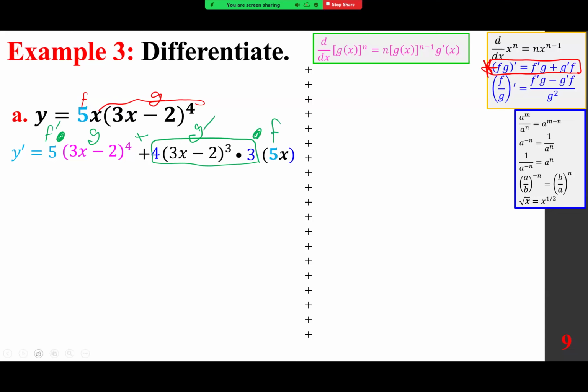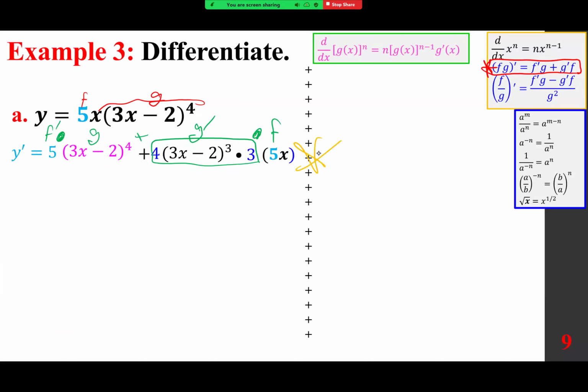So I hope you see that. This is f prime. This is g. That's easy to see. This whole thing is g prime. And of course, the first function f is 5x. Now, the algebra begins. Everything is done as far as calculus. So there is only one step of calculus. Class, here's the only calculus step, and you're done.